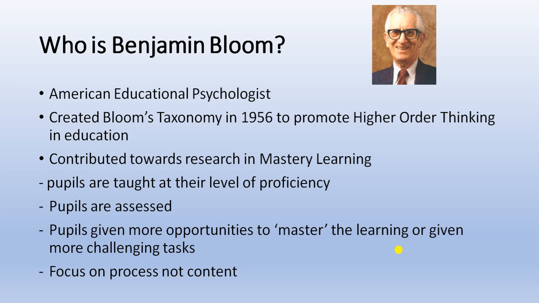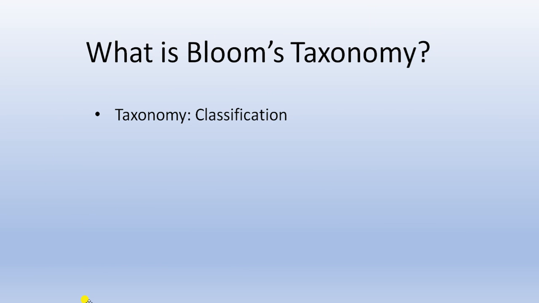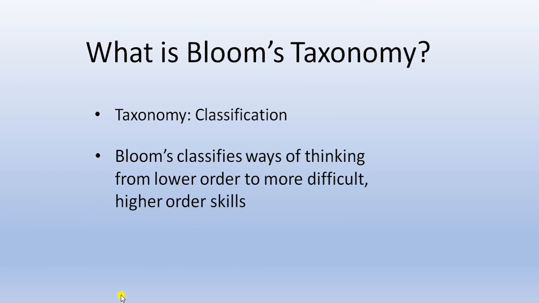Another contributor was David, a Bloom colleague who served on the academic team that developed the original taxonomy. The revised one again has 6 levels, which we are going to see next.